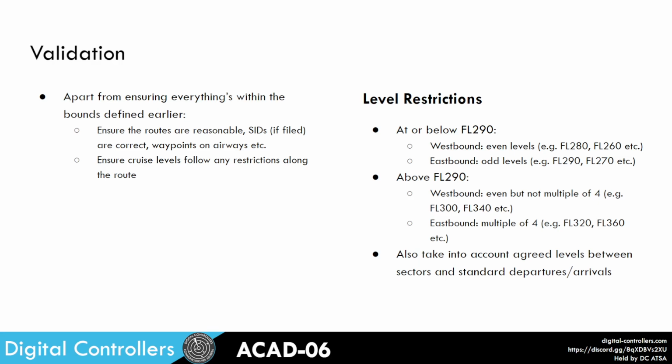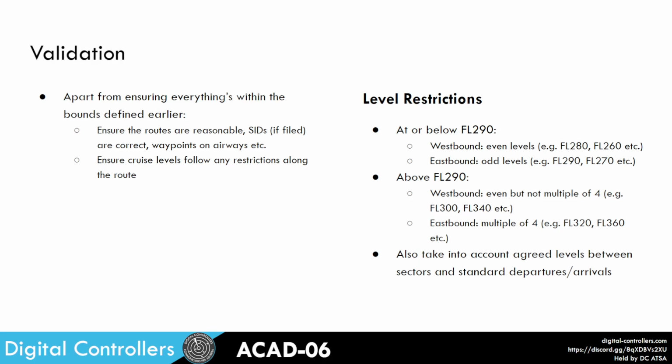So at or below flight level 290, all the westbound flights are on even flight levels. For example, flight level 280, flight level 260, etc. And all the eastbound flights are on odd flight levels. For example, flight level 290 or flight level 270.